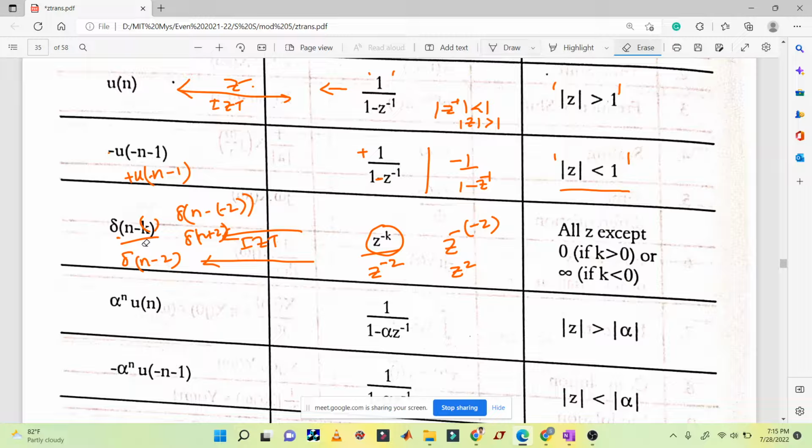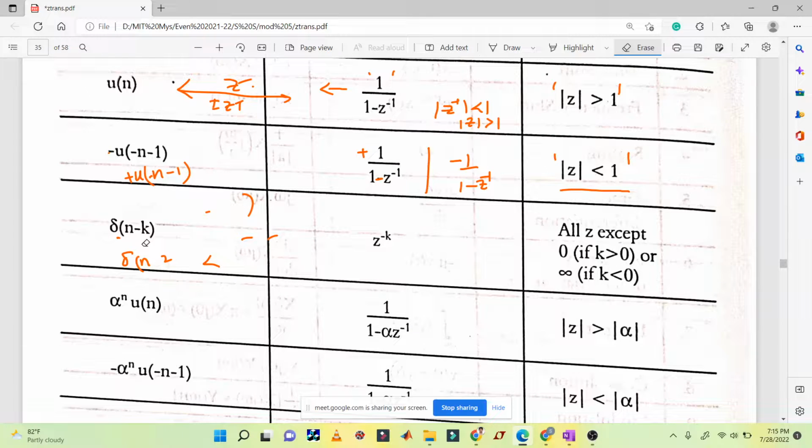So likewise we can get the inverse Z transform based on these equations. These are the Z transform pairs. And I will not go into the explanation of the ROC because we have already calculated it for this kind of signal: all Z except 0 if k is greater than 0, and except infinity if k is less than 0.